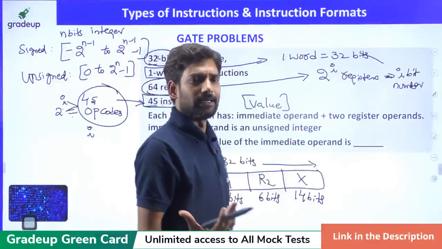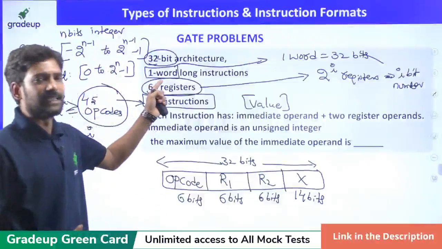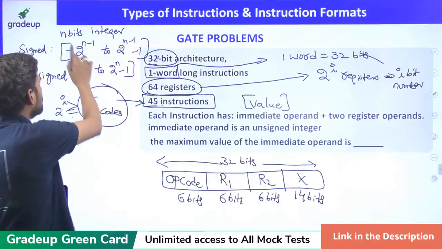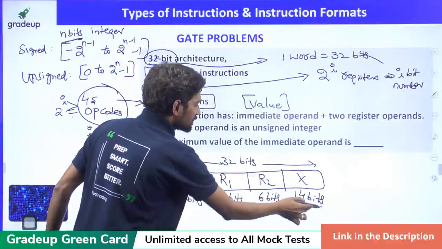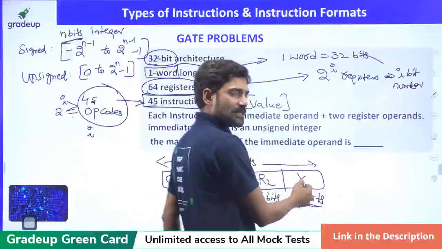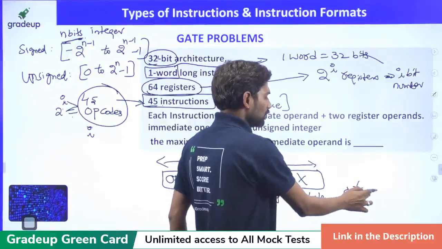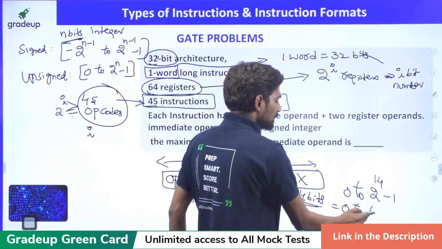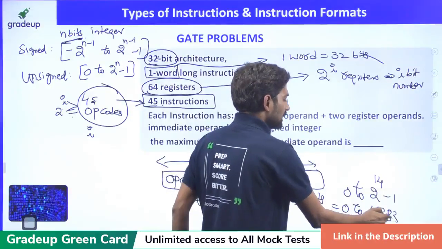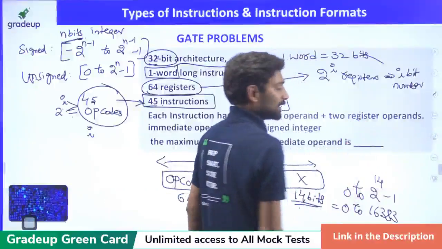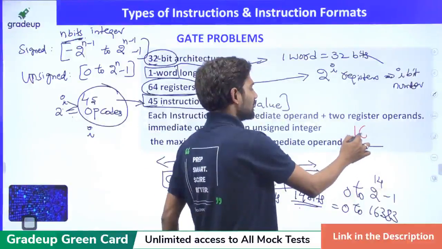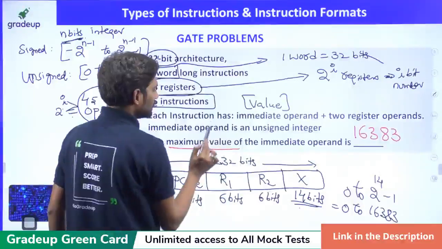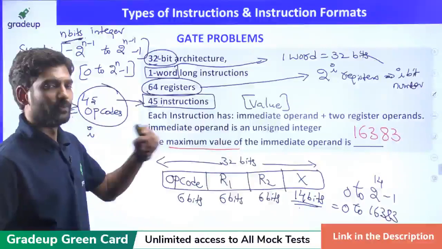Isn't it? You might have learned it. It is given that our immediate operand is an unsigned integer, and n is 14 bits. So what would be the range of this immediate operand? 0 to 2^n minus 1, 0 to 16,383. So what is the answer for this? 16,383, because you want the maximum value.